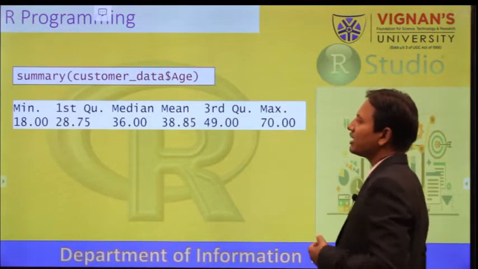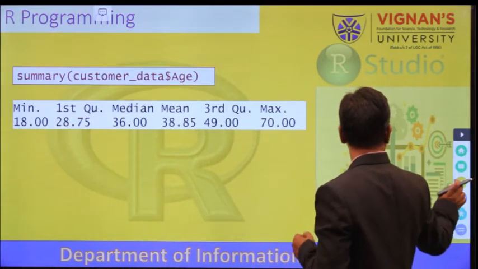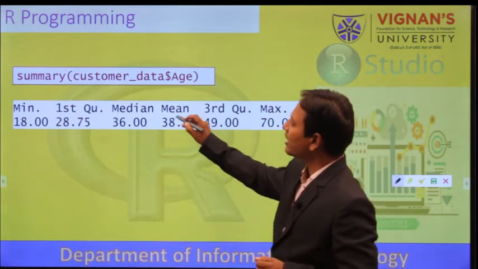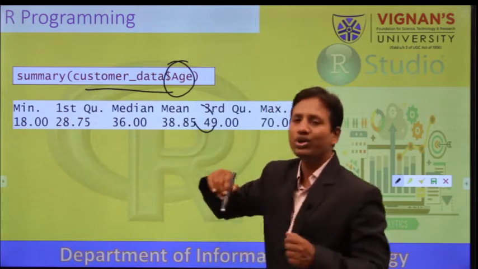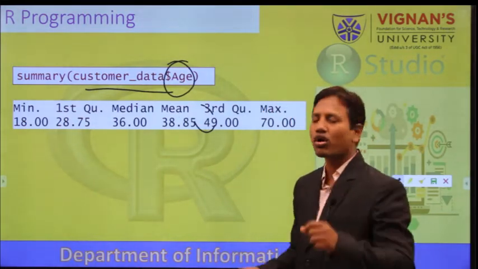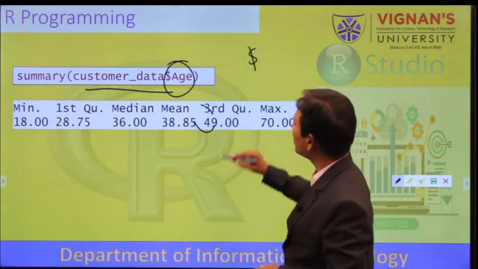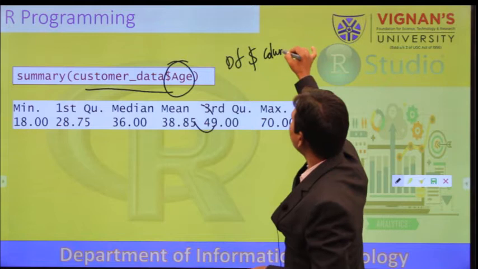So, if we see only one particular column summary, here what I have done is that instead of passing the entire data frame, I have passed only a single column. And we know that to access a column, we use a dollar symbol. So here I am using a data frame, and here a column name.